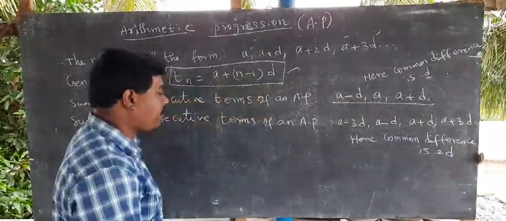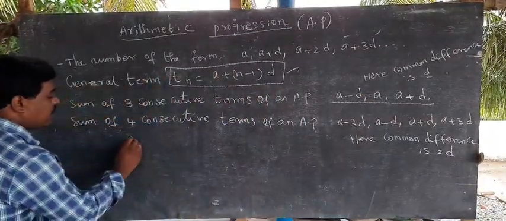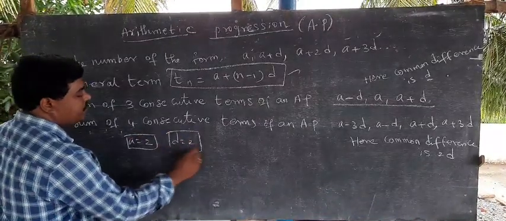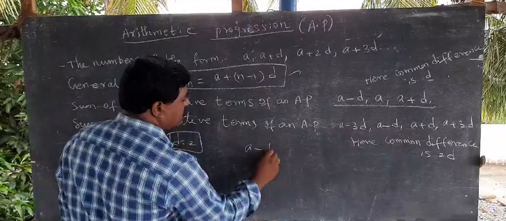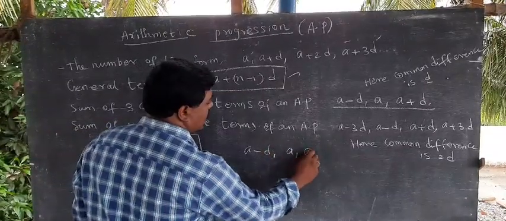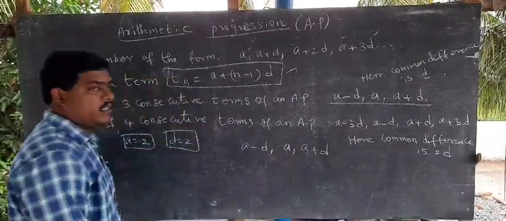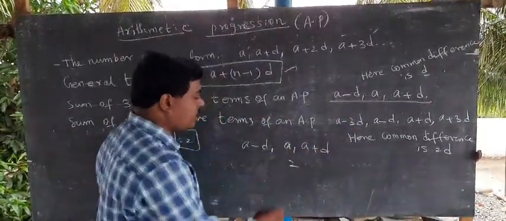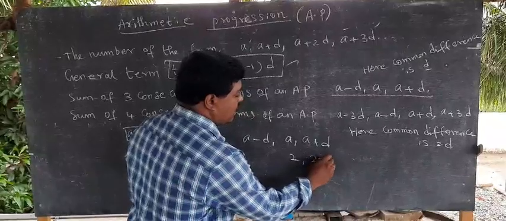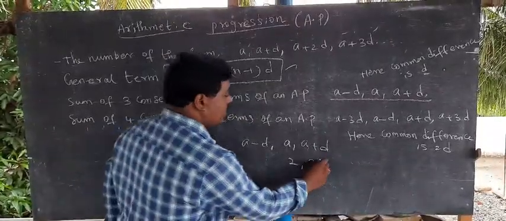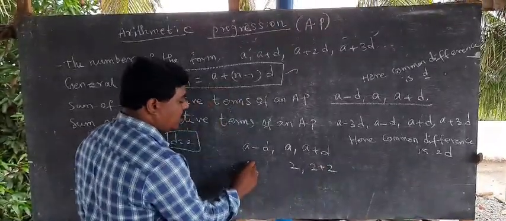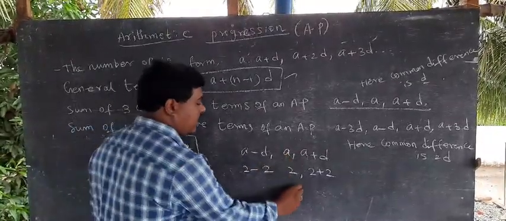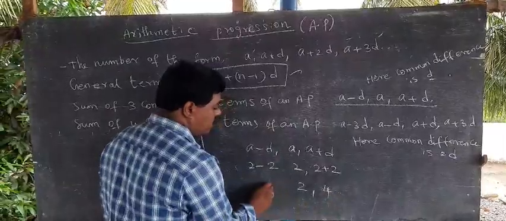For example, in the last example I told you A is 2, D also 2. A minus D, A, A plus D: with A equal to 2 and D equal to 2, we get 0, 2, 4.